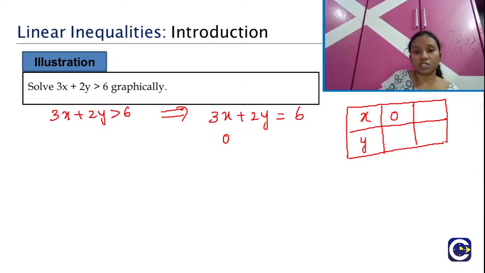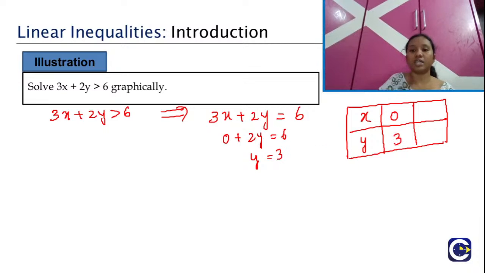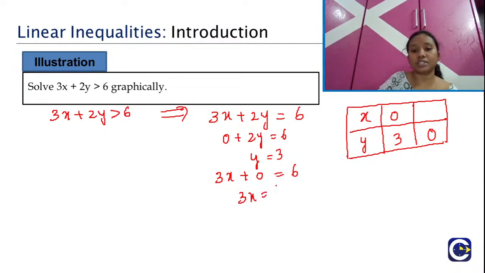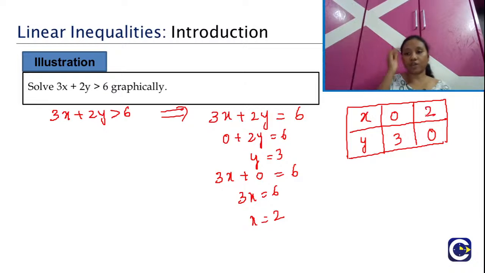This term will become 0, 2y is equal to 6 and y will be 3. So when x is 0, y is 3. Similarly, we check what happens when y is 0. Then this term will become 0, 3x is equal to 6, where x will be equal to 2. So when y is 0, x is 2.